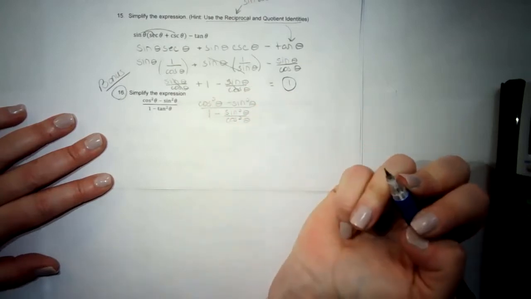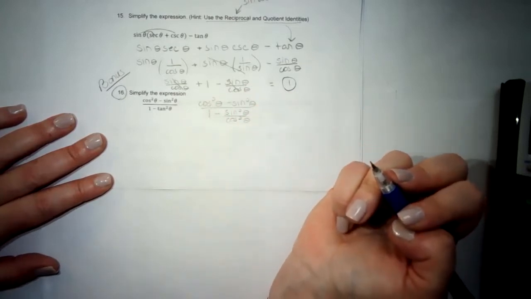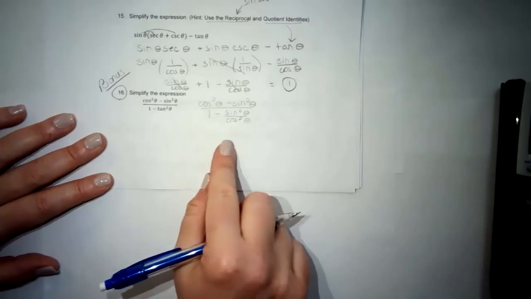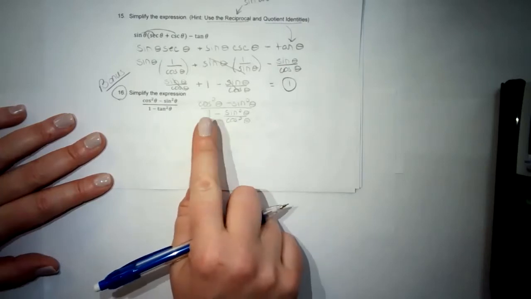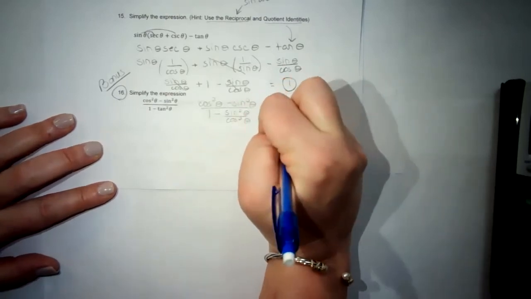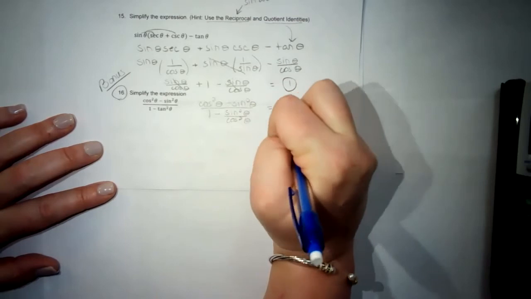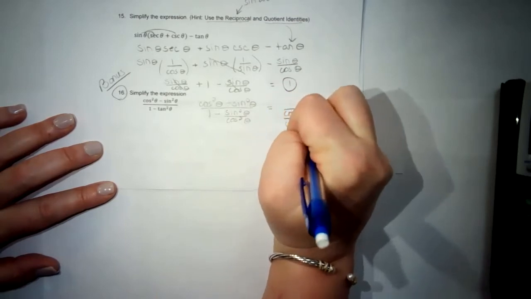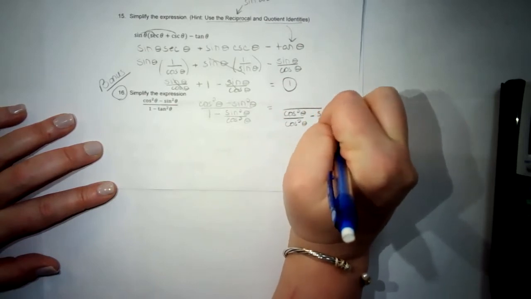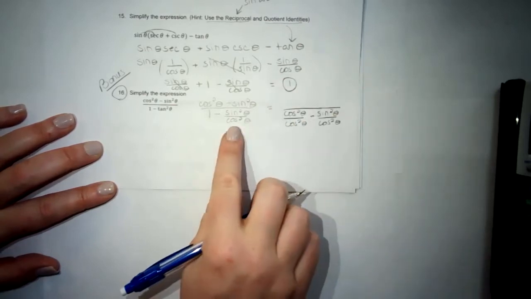Be careful because it's squared. Now I want to make one denominator in the bottom. So what can I change this 1 into? It could be cosine squared theta over cosine squared theta. That way I can combine it with this term.